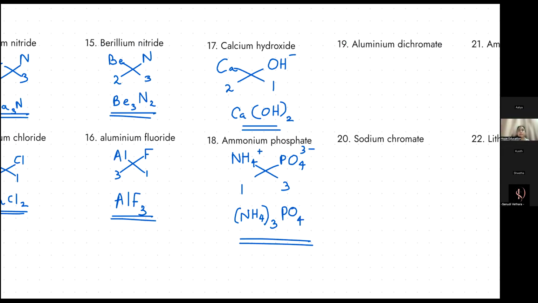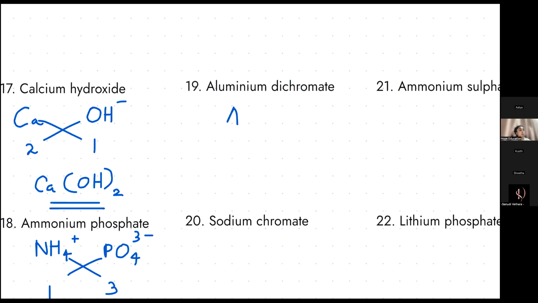All right, then aluminium dichromate. Aluminium is Al. What is dichromate?